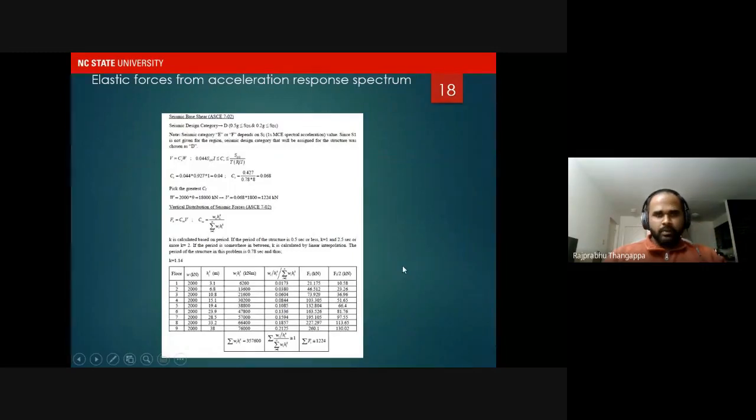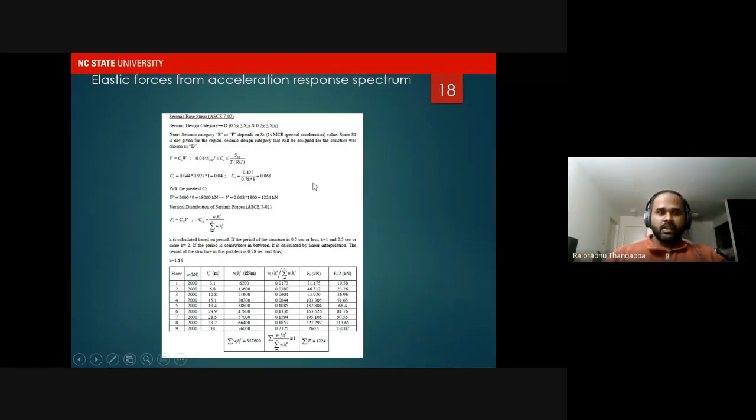So moving on, once we have the natural period of vibration, the subsequent step is to estimate the spectral acceleration. And once we estimate the spectral acceleration, we can estimate the seismic base shear, which is dependent on the seismic coefficient times the weight of the structure.